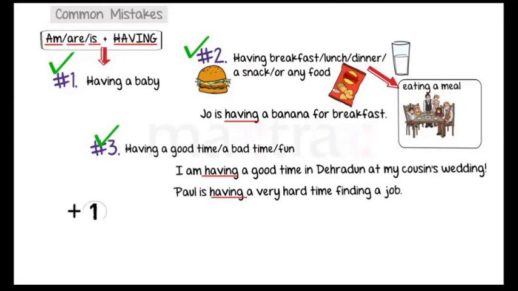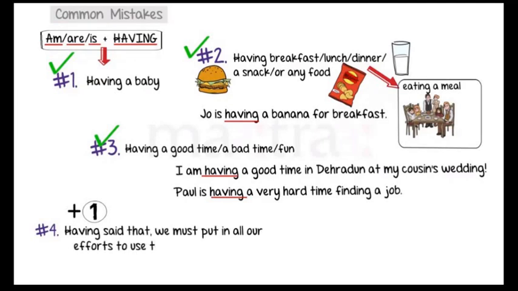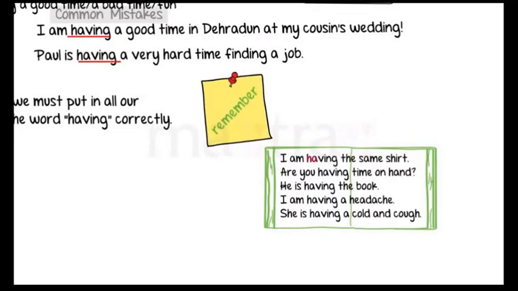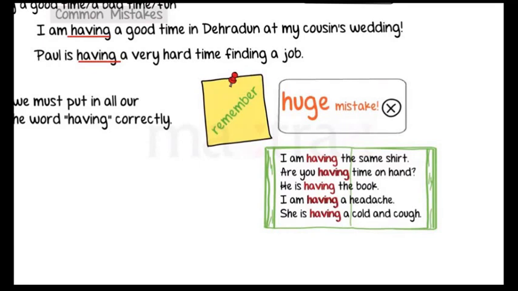And in one more way, in a sentence like, having said that, we must put in all our efforts to use the word having correctly. Please remember that this is a huge mistake and try your level best not to make it, since you know that now.